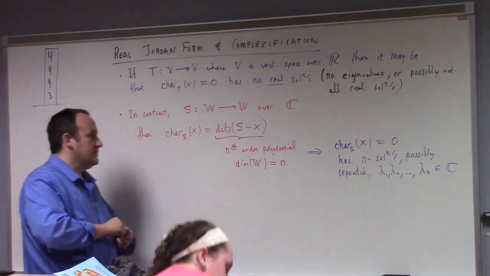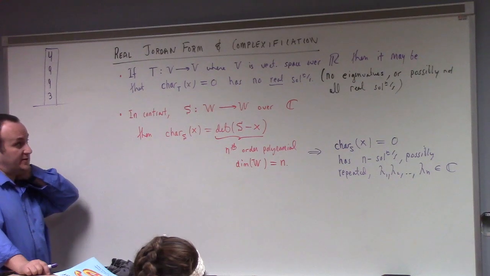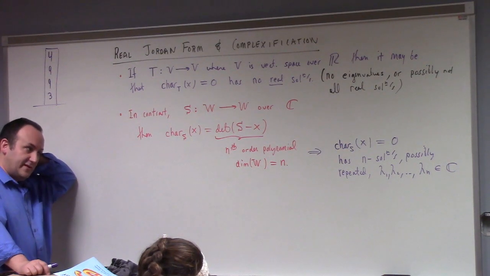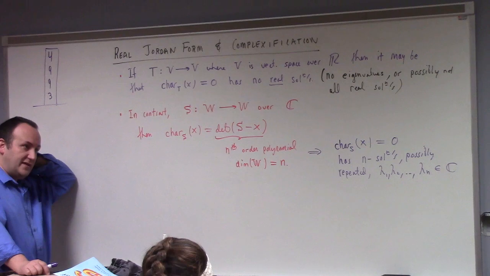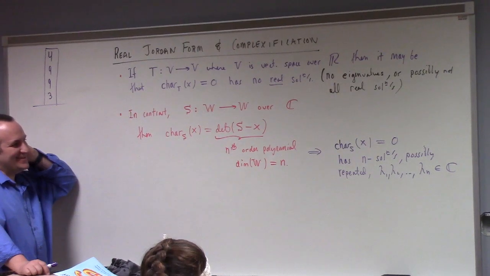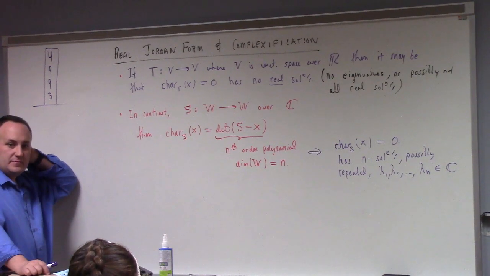So if we have a linear transformation on a complex vector space, then we don't have this deficiency. A real linear transformation doesn't have to have all of its eigenvalues in the field, right? So, do you guys understand the problem?